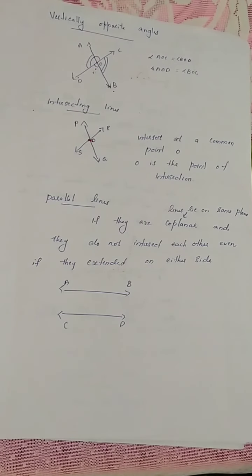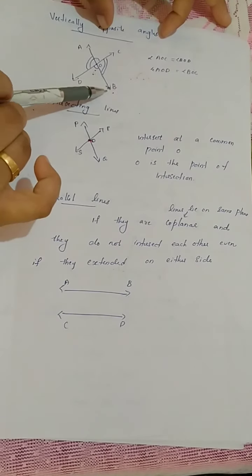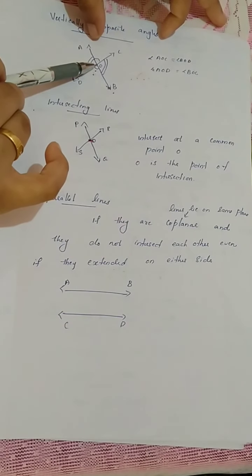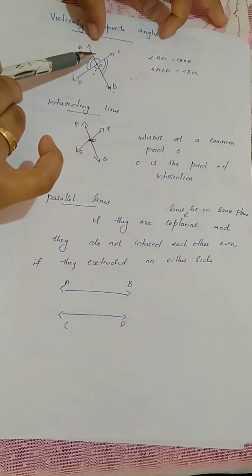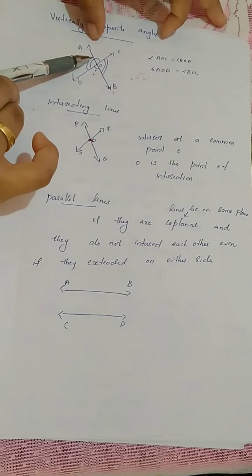Next is vertically opposite angles. When two straight lines intersect each other at a point, the pair of opposite angles so formed is called vertically opposite angles. That is, here AB and CD are two lines. They intersect at a point O. Here a pair of opposite angles are formed.